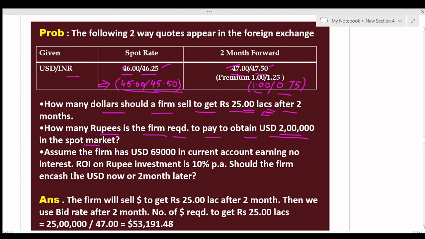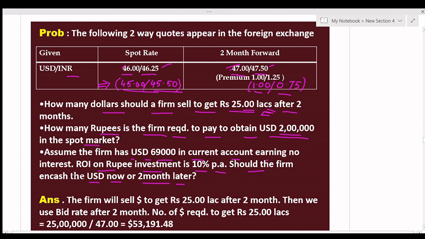Assume the firm has USD 69,000 in a current account earning no interest. ROI on rupee investment, ROI meaning return on investment, is 10% per annum. Should the firm encash the USD now or 2 months later?